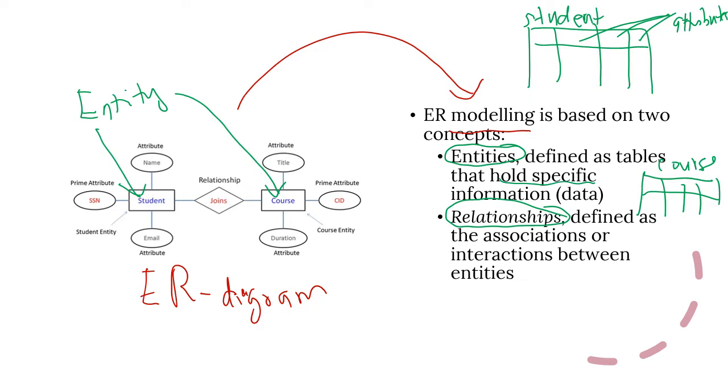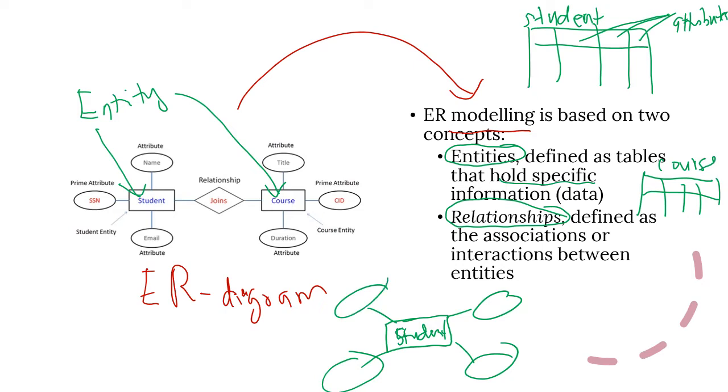Having this definition and the concept of entities and relationships means that an ER diagram cannot stand alone with only a single entity. For example, a student entity like this cannot stand alone.